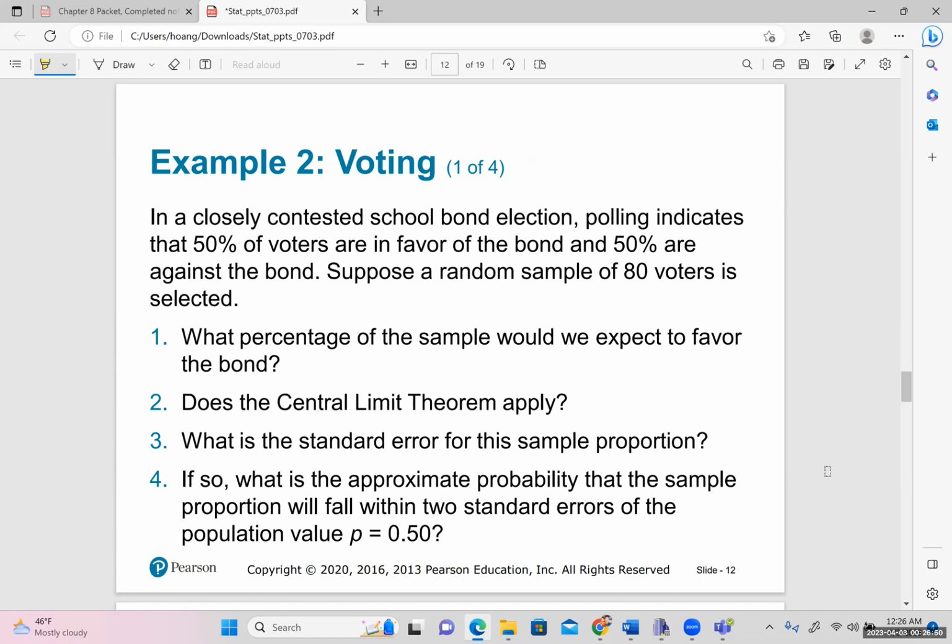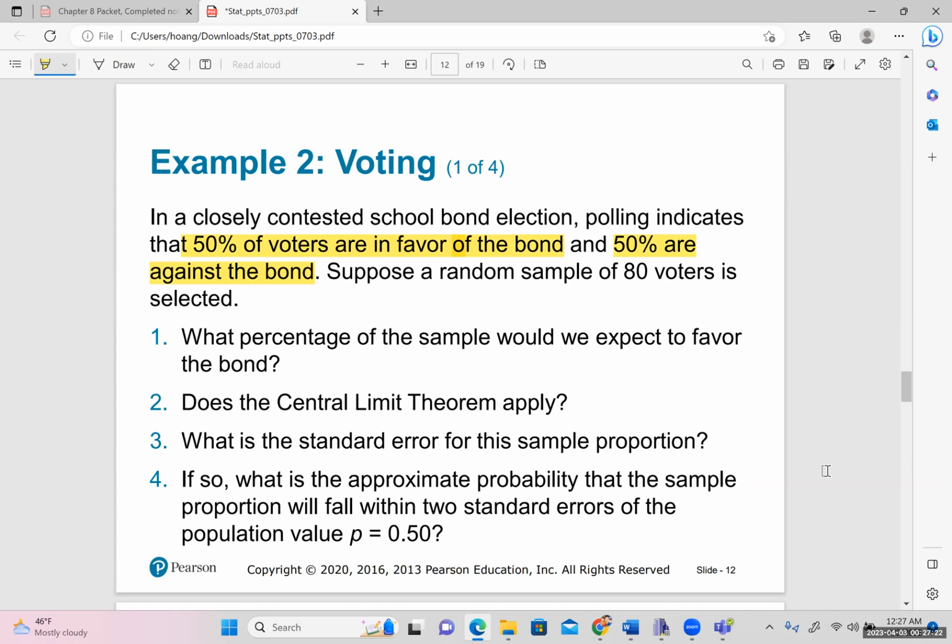So in a closely contested school board election, polling indicates that 50% of voters favor the bond, and 50% do not. So you can see it's 50-50, right? And then suppose that a random sample of 80 voters is selected.